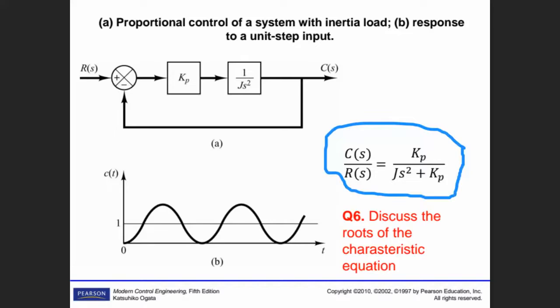If you look at your inverse Laplace table, this is a cosine or sine function, doesn't matter. As long as you obtain s square and Kp here, it's a sinusoidal function, and this is the waveform. We are not happy about those.